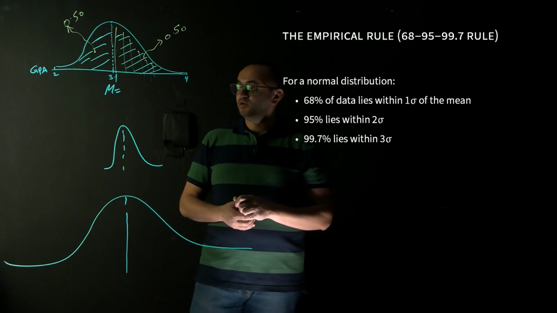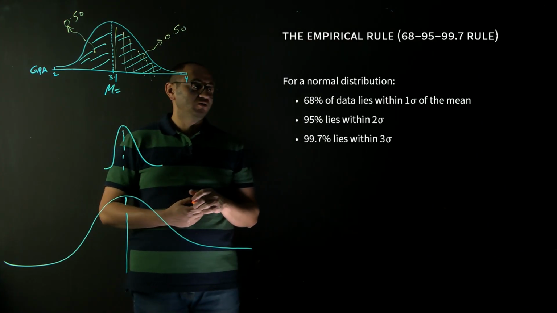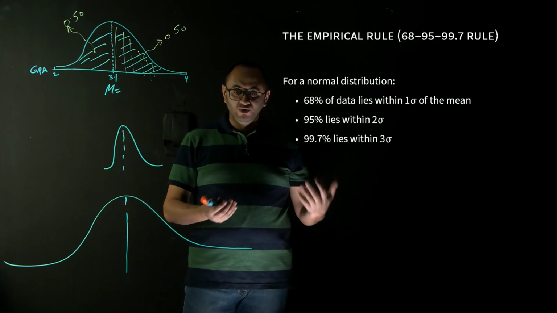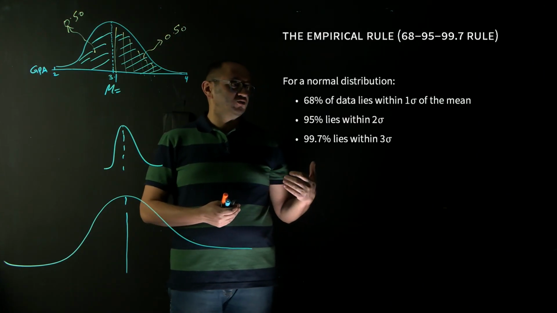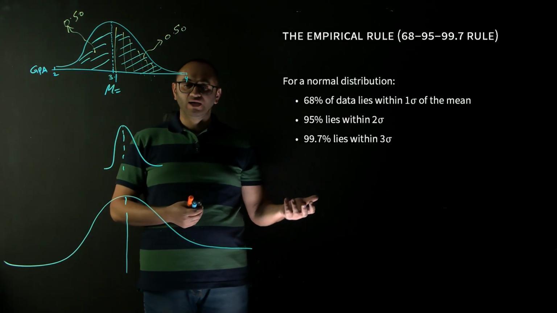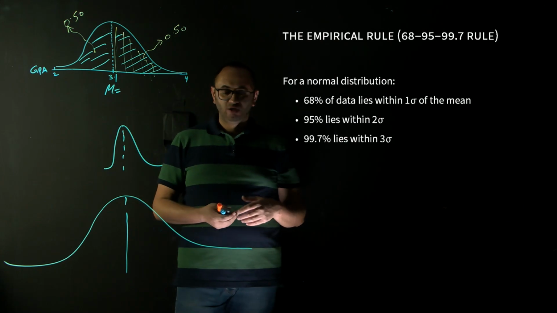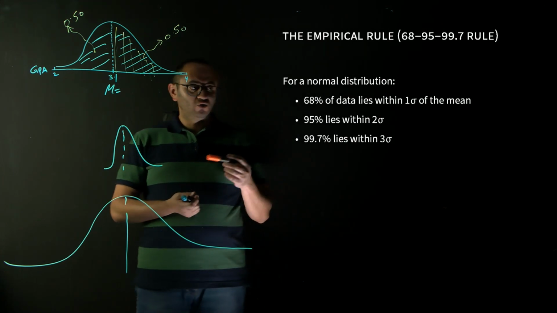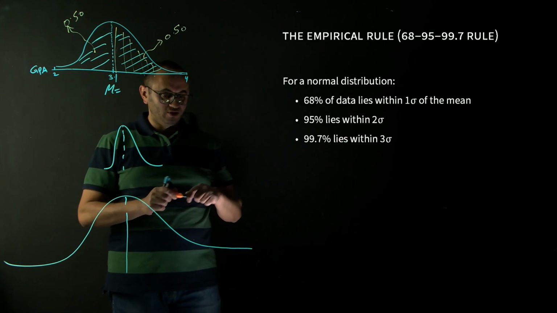There is a very important rule called the empirical rule, or the 68-95-99.7 rule. So what is the meaning of that? The empirical rule tells us the following.